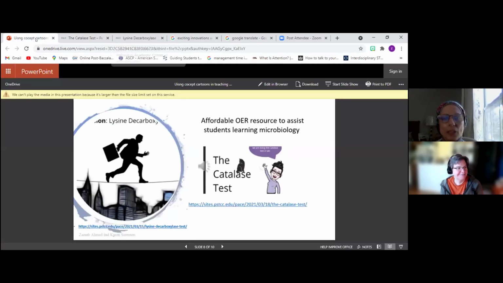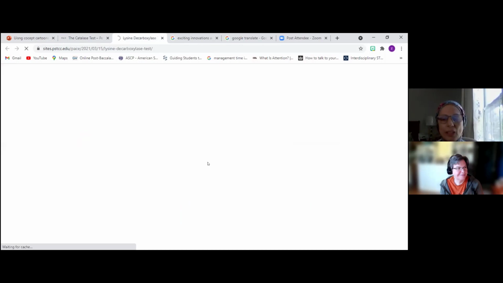Now here is another experiment, lysine decarboxylase.